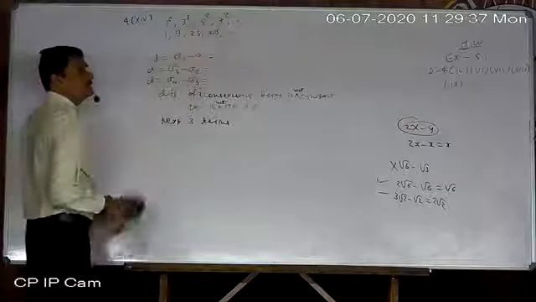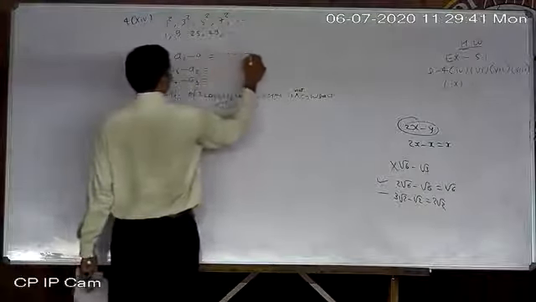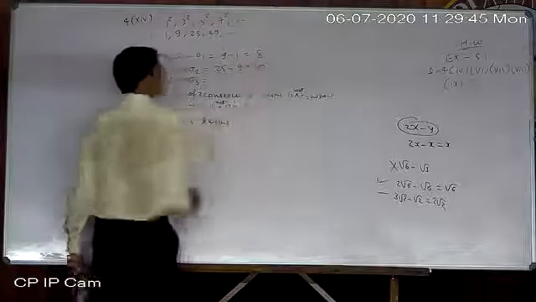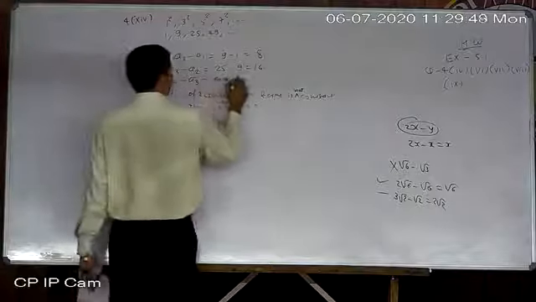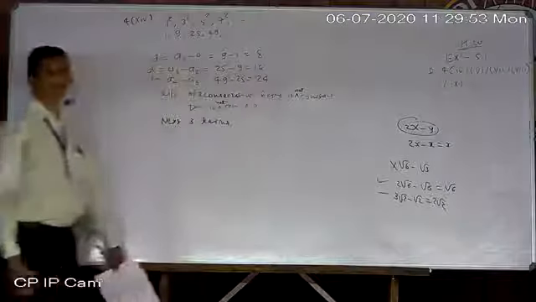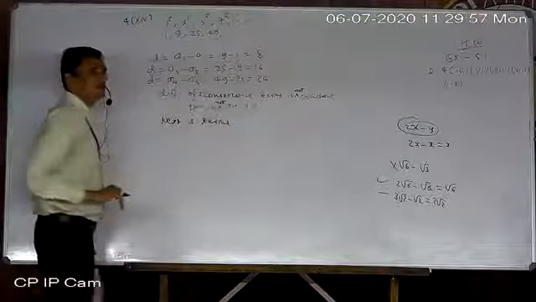Then after that you can decide anything. Now 9 minus 1, 8. 25 minus 9, 16. 49 minus 25, 24. So 8, 16 and 24. Okay, so the difference is not constant.